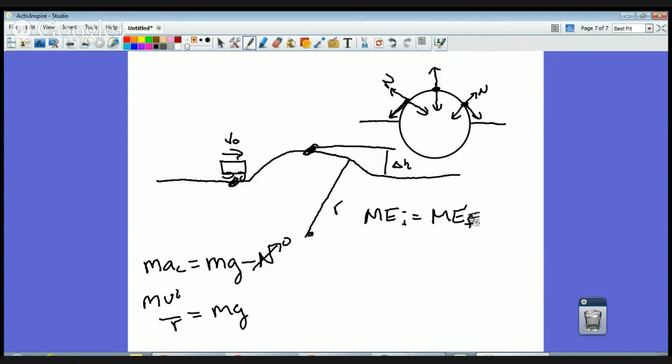So your initial and your final mechanical energies are equal. In this case, I know obviously there's no spring energy, there's no magnetic or electric energy. So I've got potential energy due to gravity plus kinetic energy.